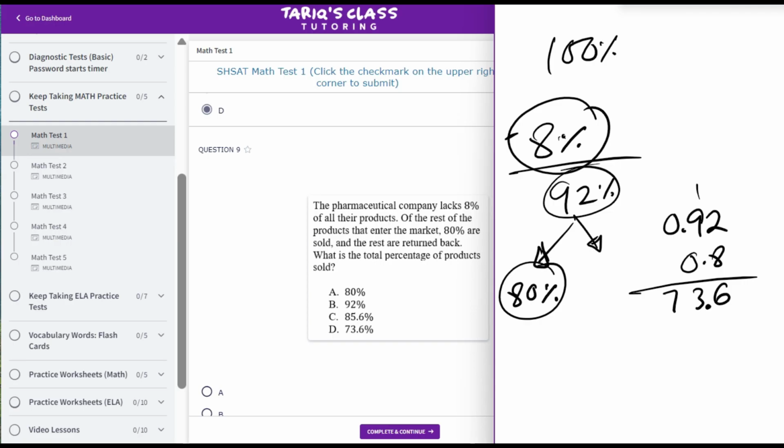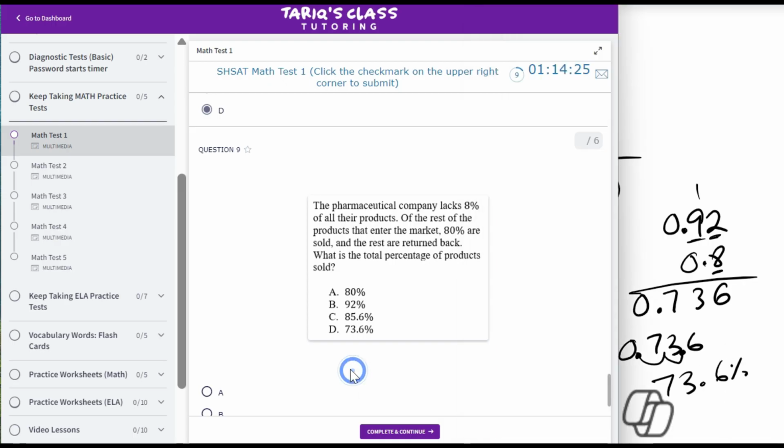So I'm going to place the decimal here. Oh, sorry, decimal not there because there are 2 numbers after this decimal and 1 number here. So 3 numbers have to be after the decimal. So that's 0.736. This is in decimal. If you want to make it in percent, you move the decimal 2 places to the right. So that's 73.6%. Do we have an option like that? Yes, option D.